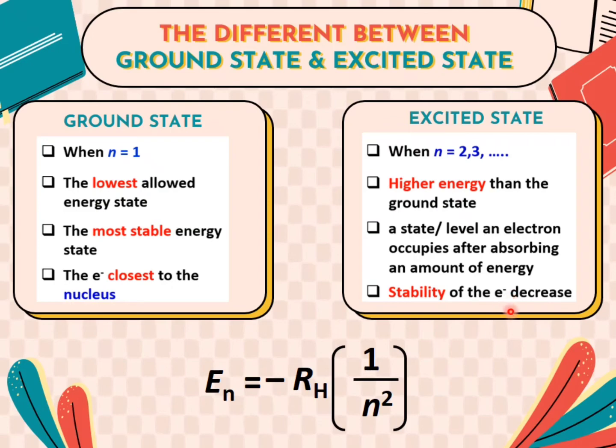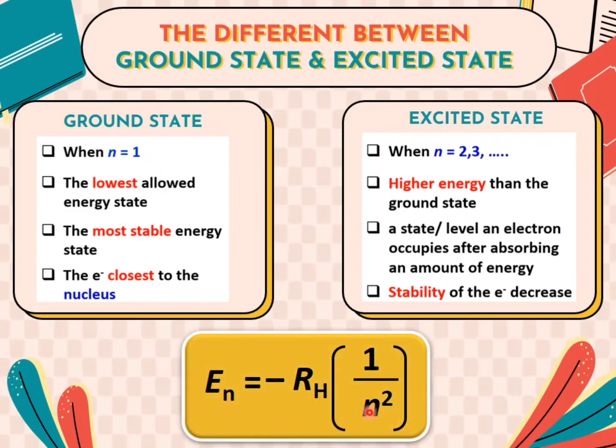Sebab kita tahu lagi tinggi energy level, so dia lagi jauh daripada nucleus, so dia jadi kurang stable. Macam kita lah, kalau berada kat tempat tinggi, kita akan jadi tak stable. Okay, so if you want to calculate the energy at the ground state and at the excited state, you can use this formula. Actually, I already explained how to use this formula. So this formula, if you want to calculate the energy of electron at certain energy level only.